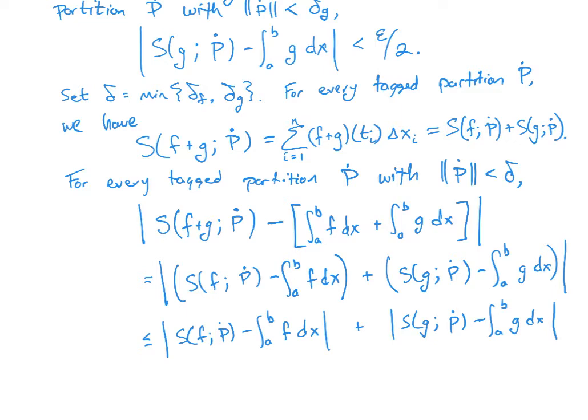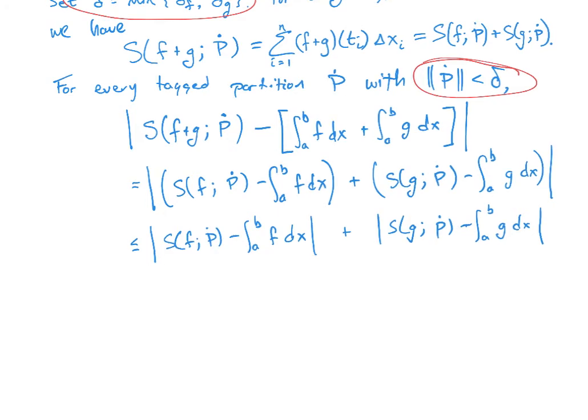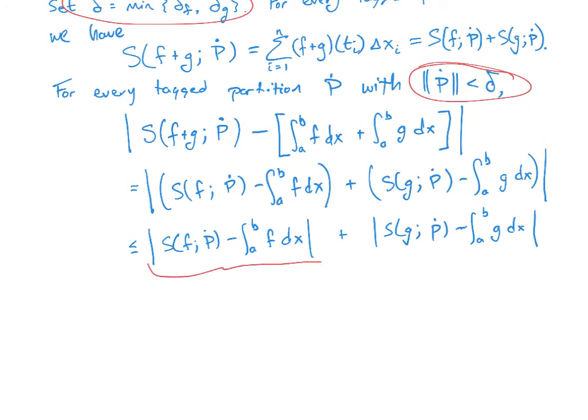Now, P dot has norm less than delta. Delta was the minimum of delta F and delta G. So the difference between S of F P dot and the integral of F is less than epsilon over 2.